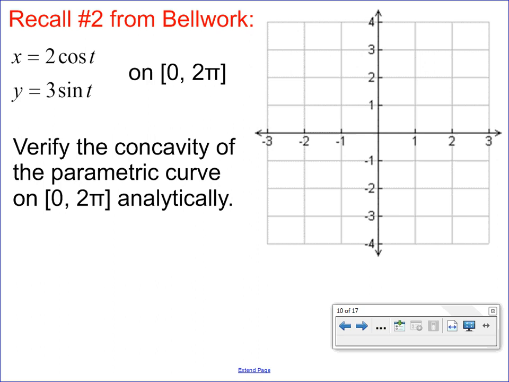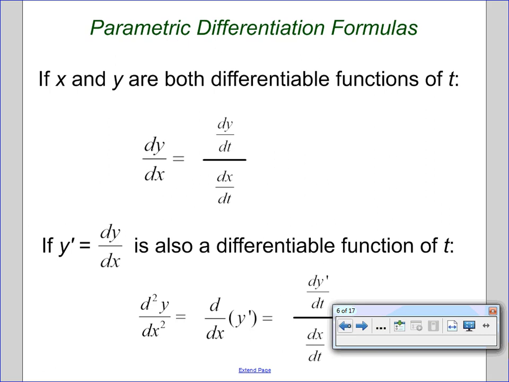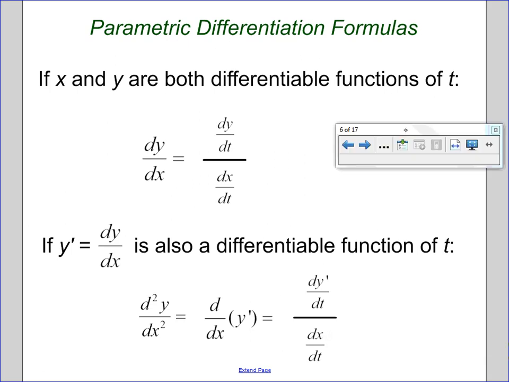It's going to be back to dy dx. The derivative of that would be d2y dx squared. The second derivative of y with respect to x is going to be the concavity of the curve. So we've got to use our new differentiation formula. The derivative of dy dx produces dy prime dt, that's the derivative of dy dx with respect to time, over dx dt again.